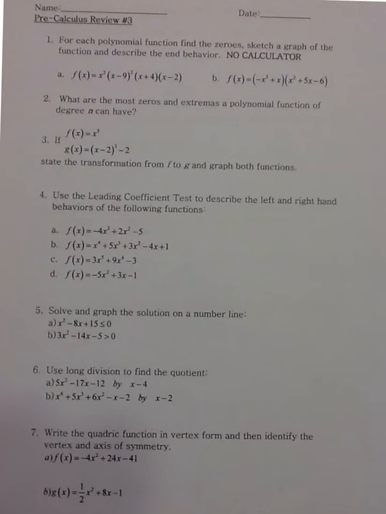Number 2 says, what are the most zeros and extrema a polynomial function of degree n can have? So if the degree is 5, it can have 5 zeros and 5 minus 1 extrema. So that would be 4. So we'll have n zeros, and n minus 1 extrema.